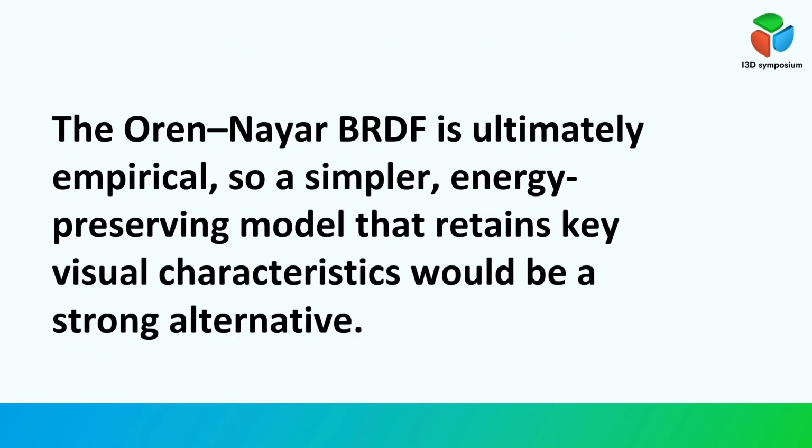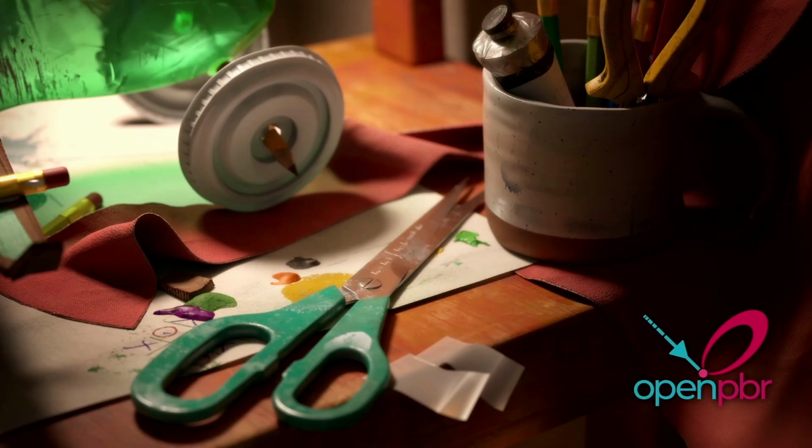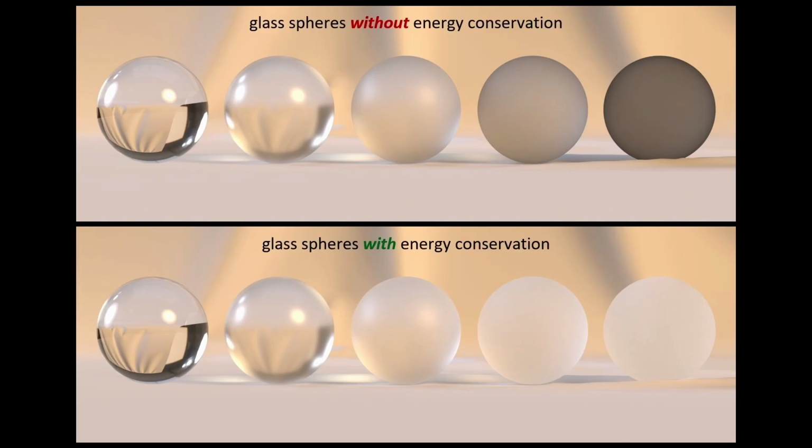So ultimately, this is an empirical BRDF that's not going to match the real world perfectly anyway. So if we can find a simpler energy-preserving alternative that retains the key visual characteristics, that would be a strong alternative, especially for cases like OpenPBR, where we already have energy conservation in other components like the translucency and the refraction.